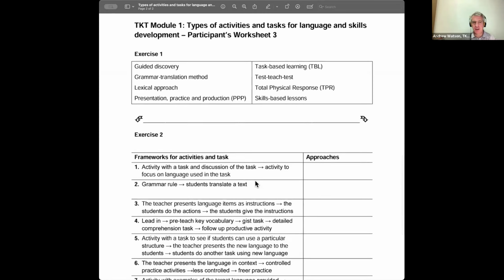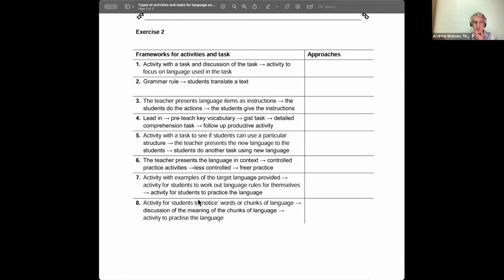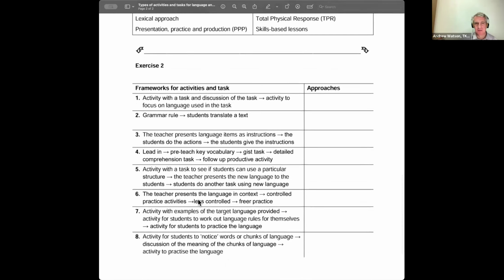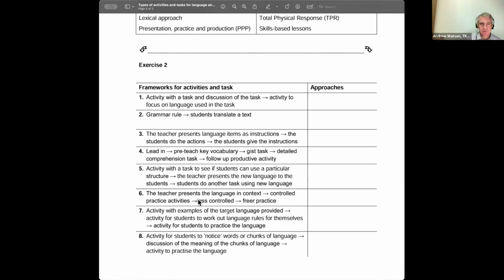Now, which of these activities might be similar to a total physical response? Can you see any one that would be similar? Total physical response. 3. You say 3. Let's have a look.